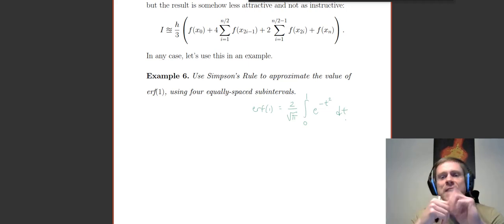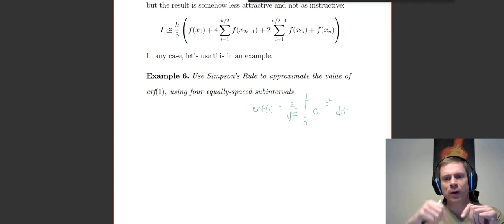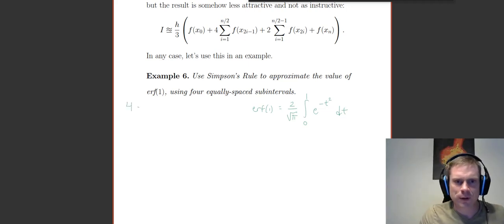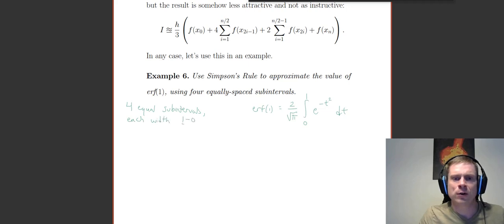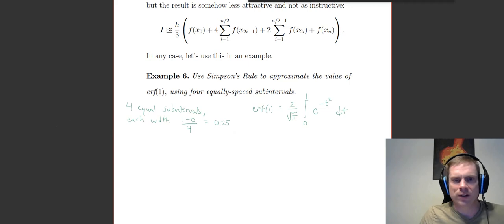We have 4 equally spaced subintervals. So if you imagine taking 0 to 1 and dividing by 4, we're going to find that each one has to have a width of 0.25. So 4 equal subintervals, each will have width of 1 minus 0 over 4, which is 0.25, or a quarter. And I'm just going to outline again what those points are on the side.